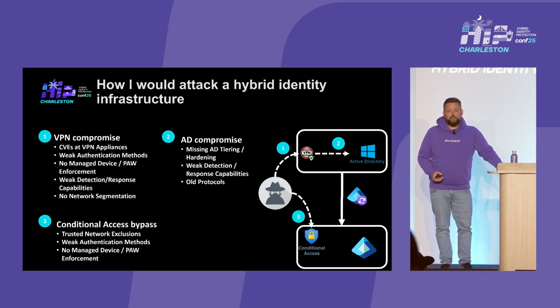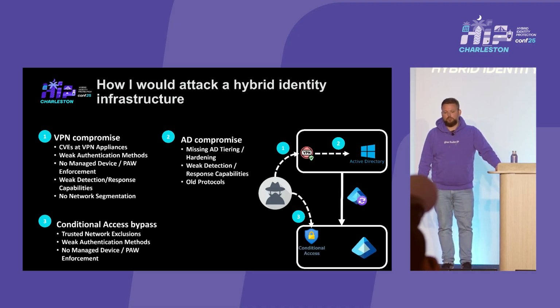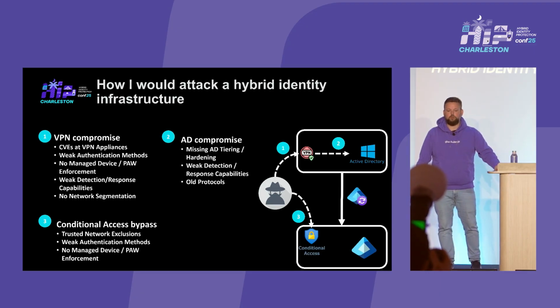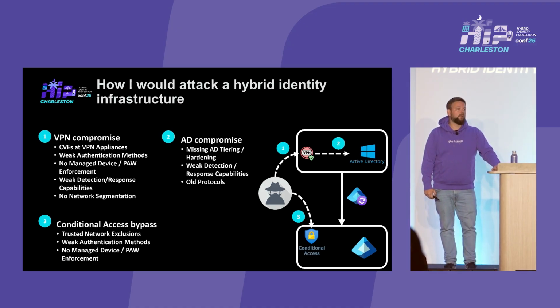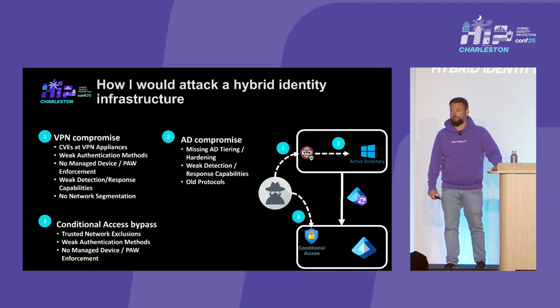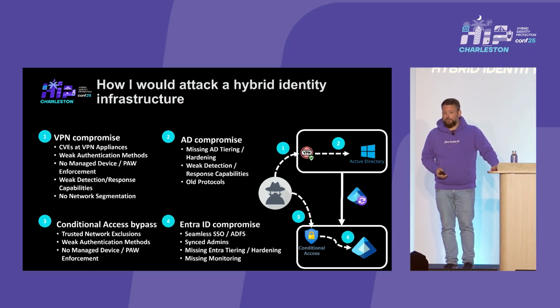There are many not so good configurations that I see in the wild at the moment. I see a lot of trusted network exclusions. I see weak authentication methods, so no FIDO key enforcement for admins and so on. And often no managed device enforcement, no PAWs for the cloud management.